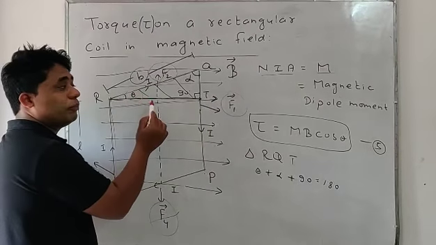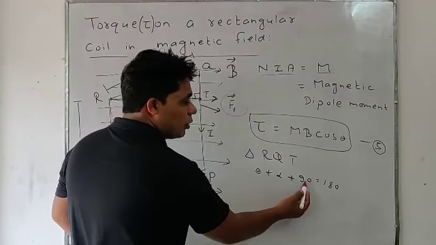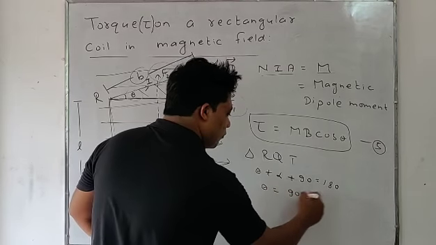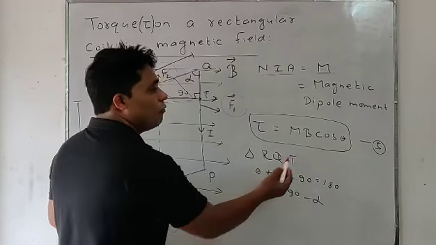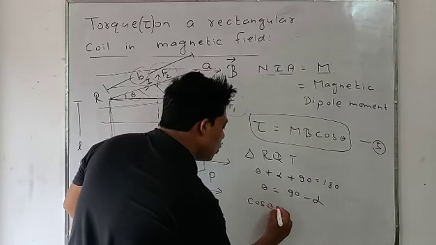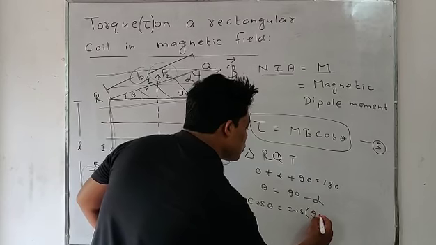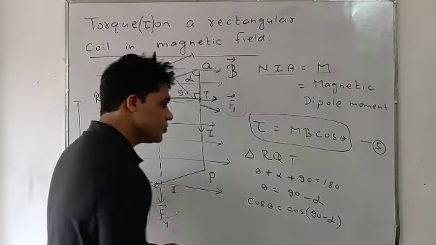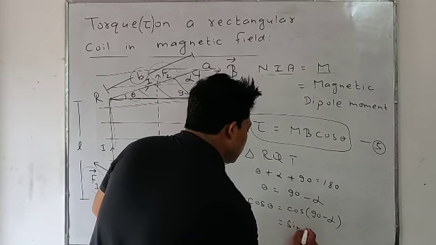We want to find the value of theta. Now students, 180 minus 90, 90. So theta equals 90, transfer the alpha to the side, minus alpha. We want cos theta, so taking cos on both sides. Cos theta equals cos of 90 minus alpha. And we know cos 90 minus alpha is what? Sin alpha. Okay, very good.